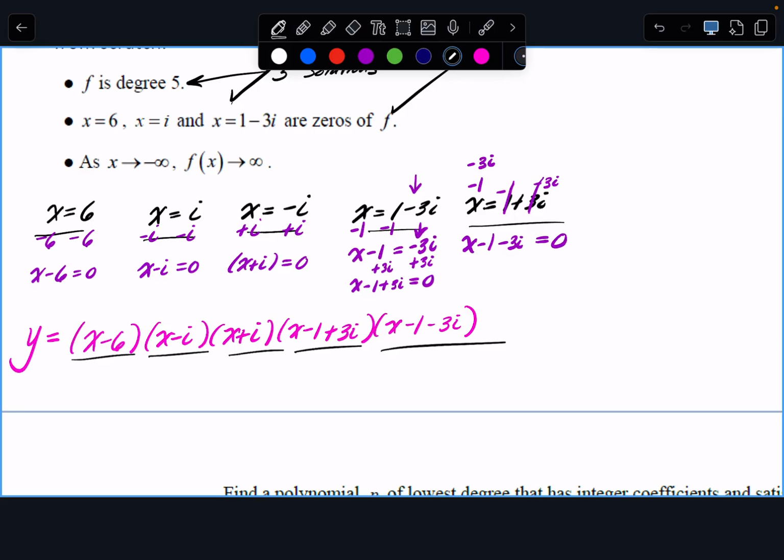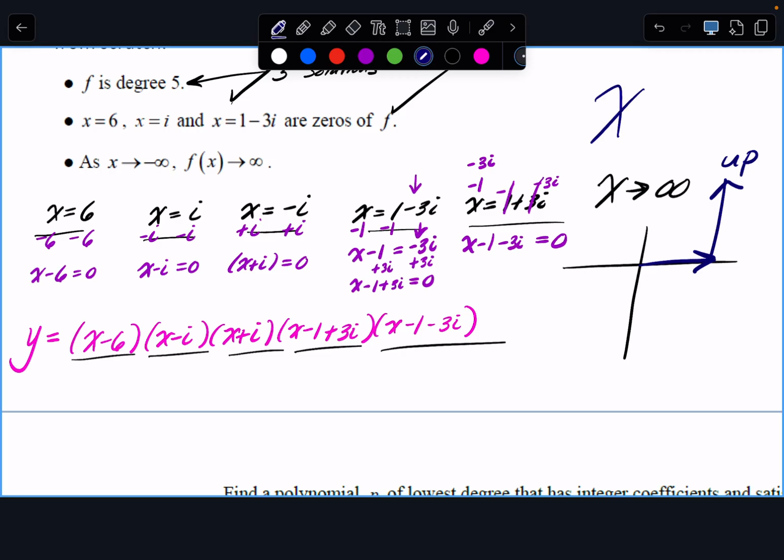Now let's answer the last piece. It says, okay, so let's think together here. As x goes to infinity, so if we have a graph, as x goes that way, they're telling you f of x, the y values go up. So is it up and up then? Or is it down to up?